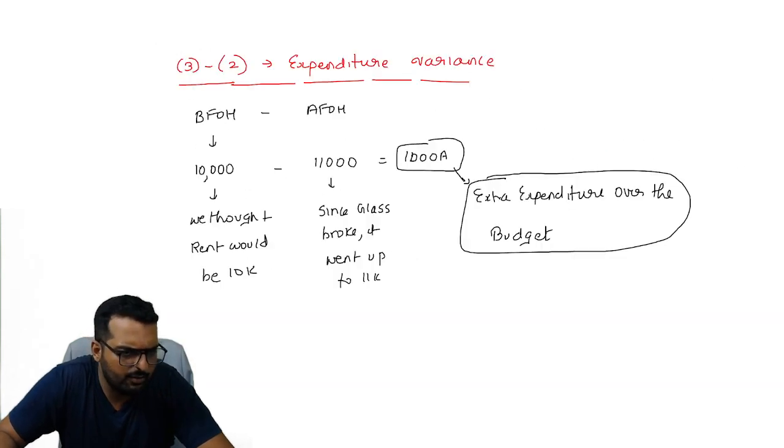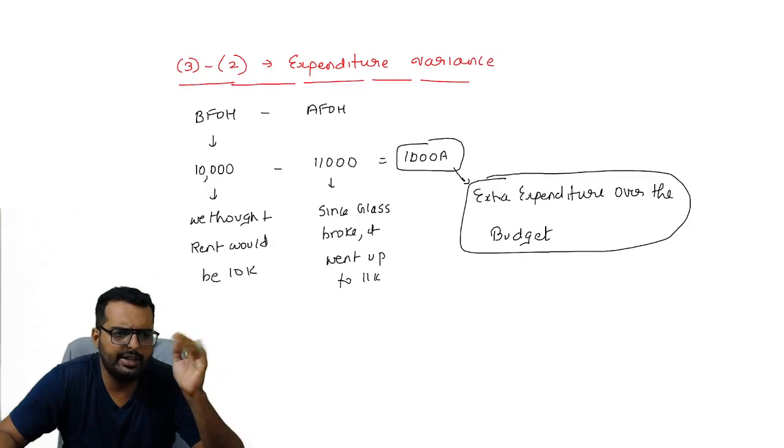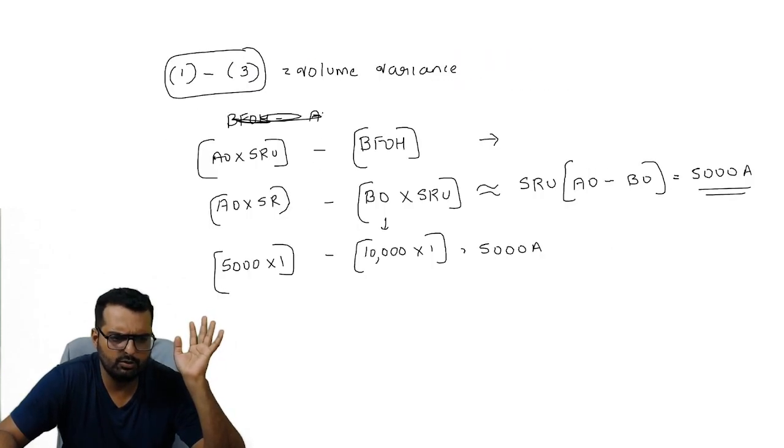I believe everybody's done writing this. So we are done with this part. Okay, I'll go to the next one now. So we are done with the fixed overhead variance logic also. Everybody's clear so far?